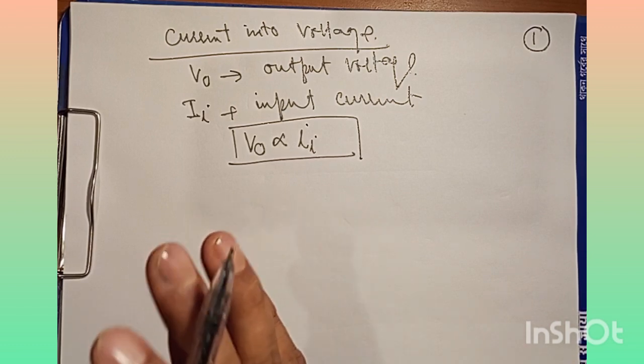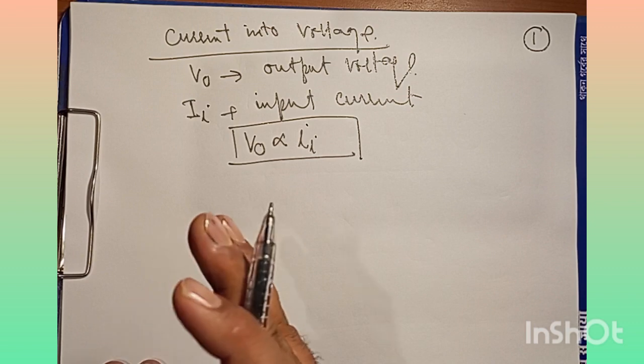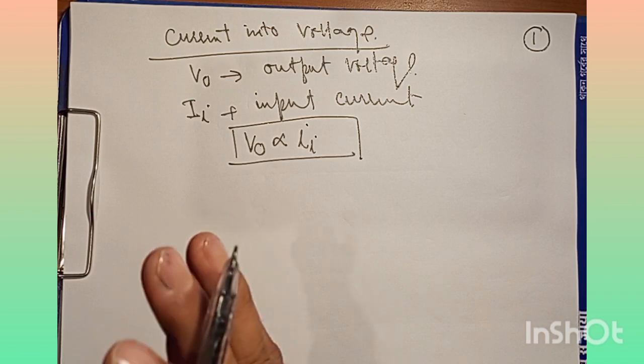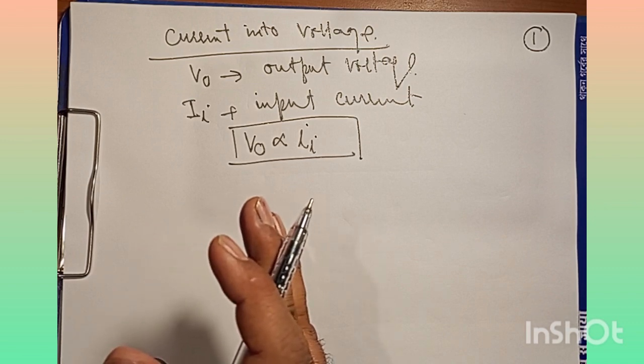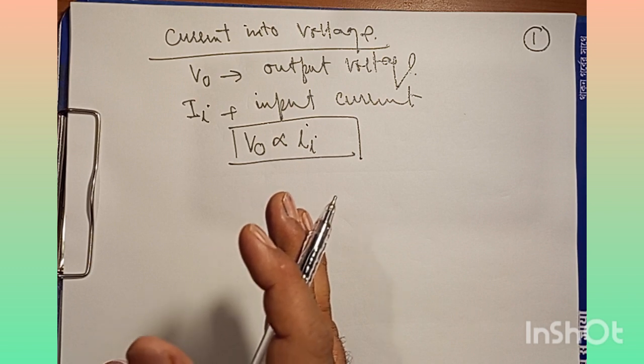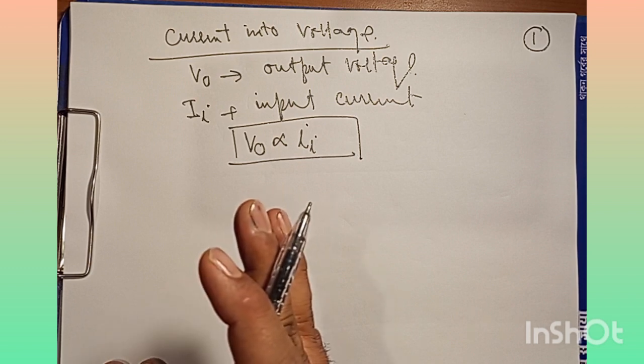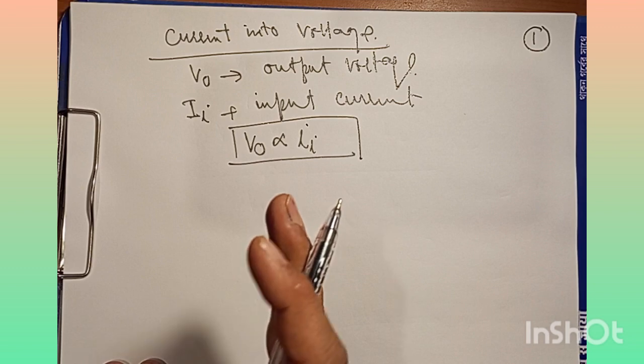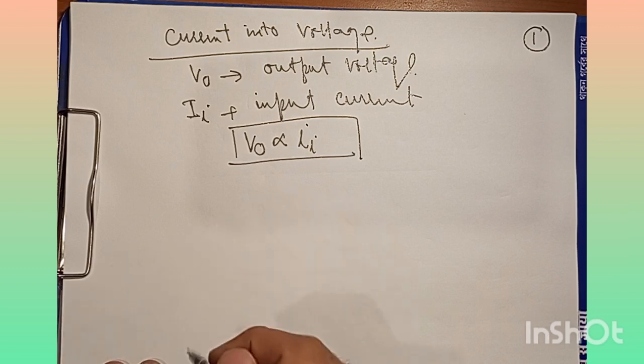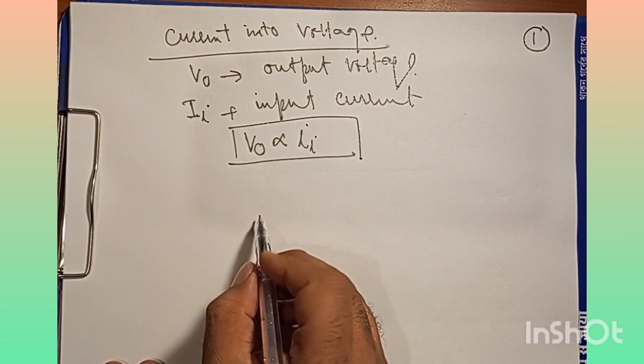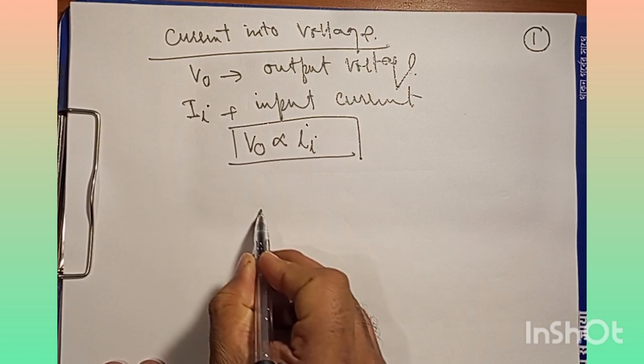This current to voltage converter is an example of a current controlled voltage source, because the input current controls the output voltage.